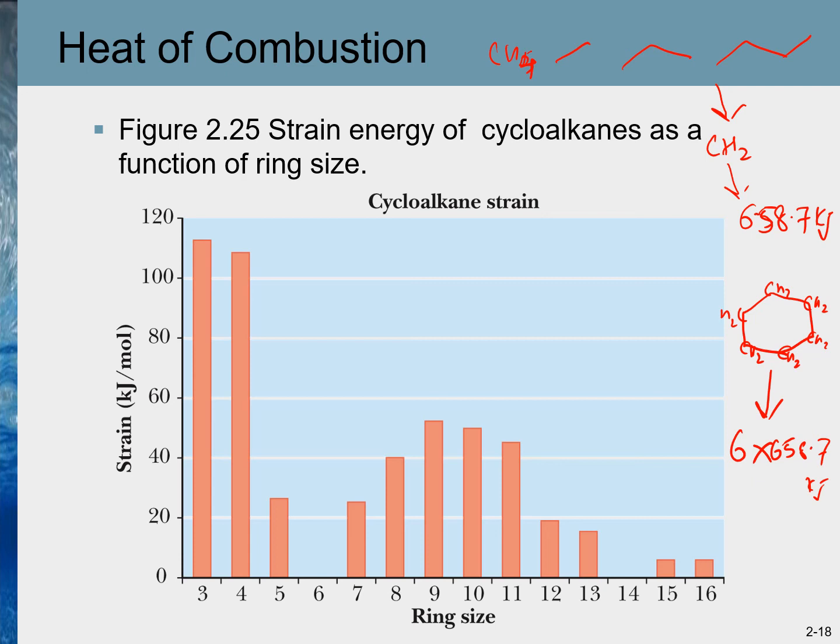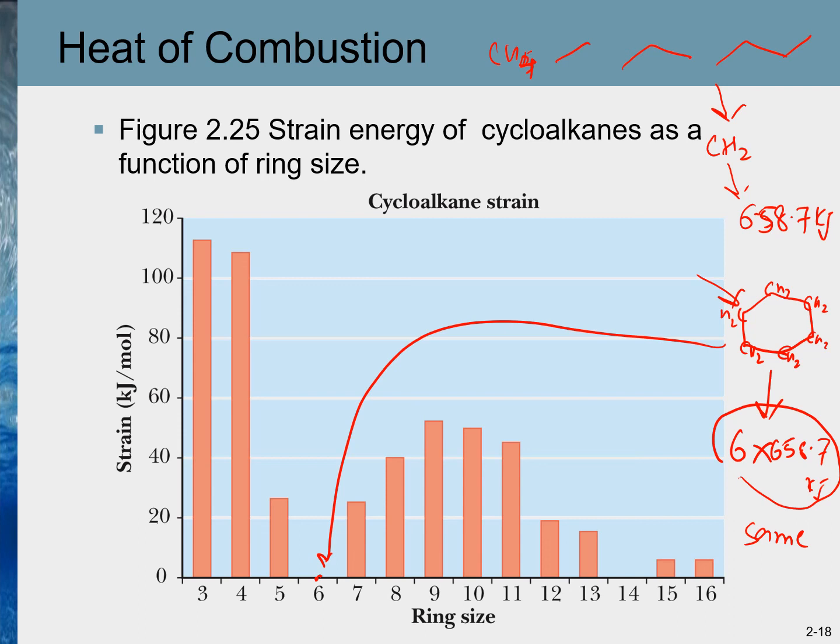And it was found that in case of hexane, as shown here, the theoretical energy and the experimental energy were exactly the same. So the difference between the theoretical heat of combustion and experimental was zero because they were the same. So that's why it is zero for this one. All other ring systems experimentally release more energy than what was theoretically calculated.